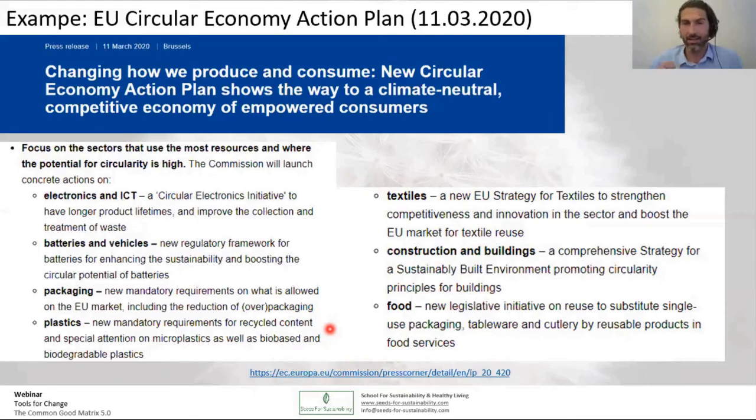And they identified certain sectors, and yeah, electronics and ICT, big topic. So if you're an IT company, this is an area that will get lots of focus, in terms of circularity, because it has a high potential also for circularity, because like I mentioned, the phones maybe have still lots of materials in them that could be used, and there's lots of potential also for us to be more circular.